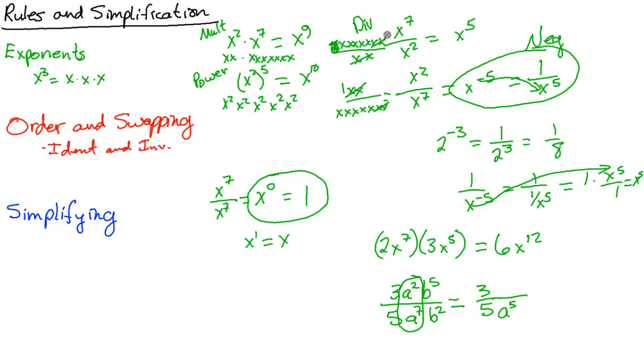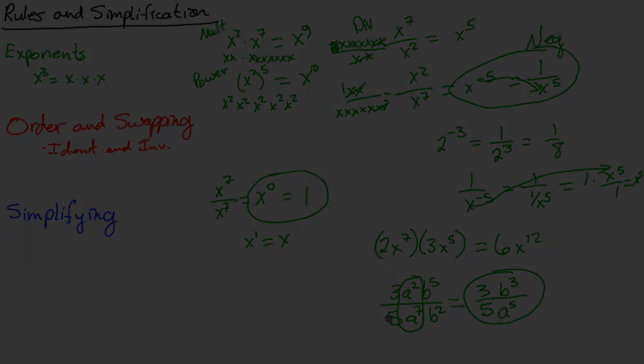Notice we can use the subtraction rule going the other way. 7 minus 2 would be 5 with the bottom guy winning. That will be a good shortcut that you'll be able to use. And here we have the b's, b to the 5th over b squared, and we get b to the 3rd power. So we simplify it like that.